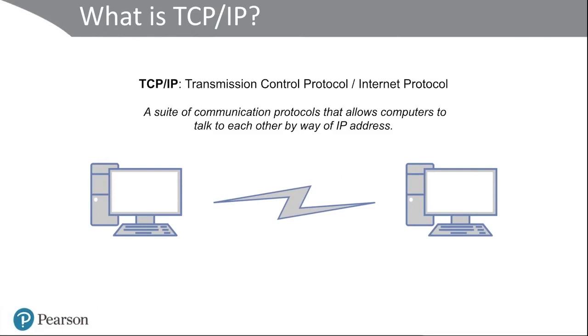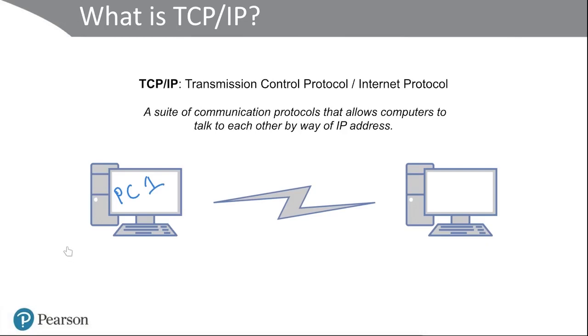Now, to make it all happen, one of the most common protocols that's used is TCP/IP. So what is TCP/IP? TCP/IP is a suite of communication protocols that govern how computers talk to each other. Every computer that uses TCP/IP gets a unique IP address, which distinguishes it from other systems on the network. So for example, we have a PC here. We could call this PC number 1.